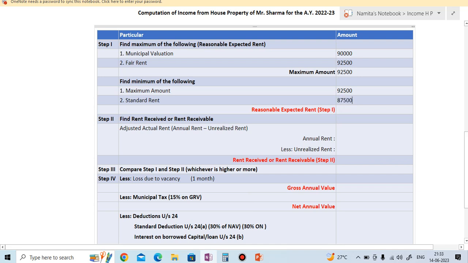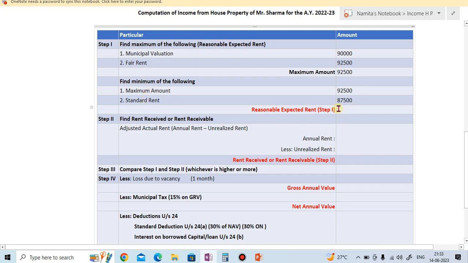Clear? Now see. For reasonable expected rent, first we took the value of municipal value, then fair rent. From municipal value and fair rent, whichever amount is higher, we have taken it as the maximum amount. So the maximum amount is fair rent, 92,500. From this, we have to find the minimum. So maximum amount and standard rent.